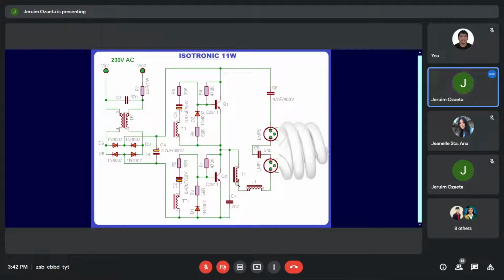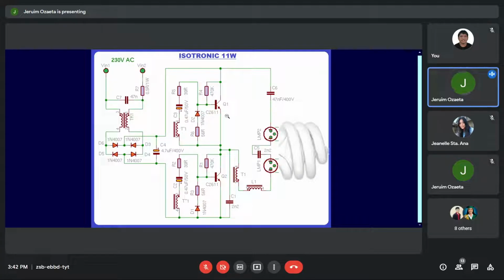Okay? Now, through C1 from the lamp, there is an input going into the Q2 through D1 here, through R1 into the base. Ito, dito sa kabila, walang pulang pumasok.